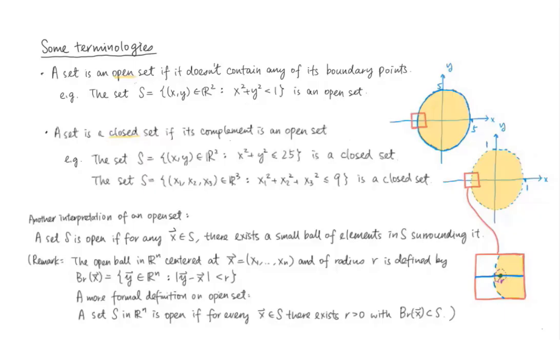Then this point is on the circumference of the disk and it is an element in S. But there are no more points with an x-coordinate less than negative 5 which belong to S. So we cannot find any small ball filled with other elements in S surrounding the point negative 5, 0 that is located at the circumference of the disk.